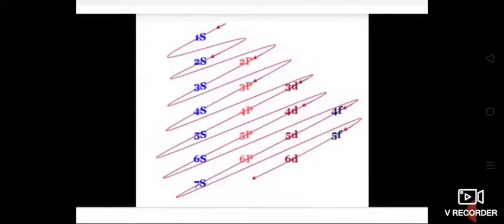So practice: draw it and work out the possible electronic configuration of known elements using the periodic table. It goes in such a way, left to right: 1s, 2s, 2p, 3s, 3p, 4s, 3d, 4p, 5s. This is the way the electrons are filled; just practice, children.